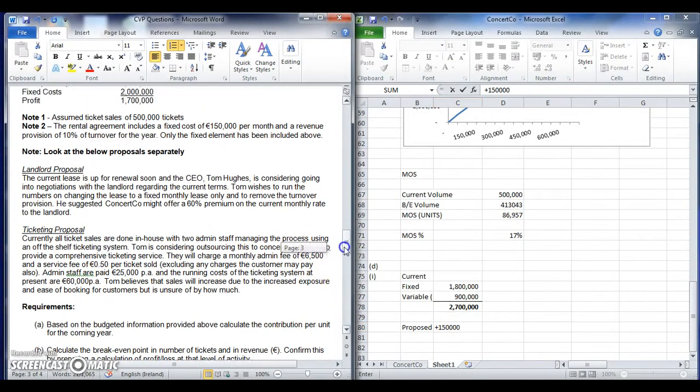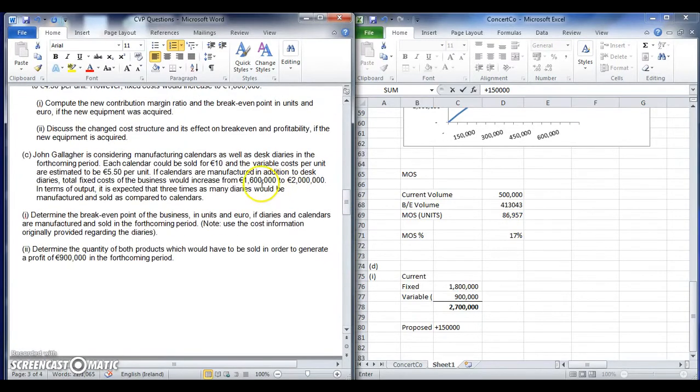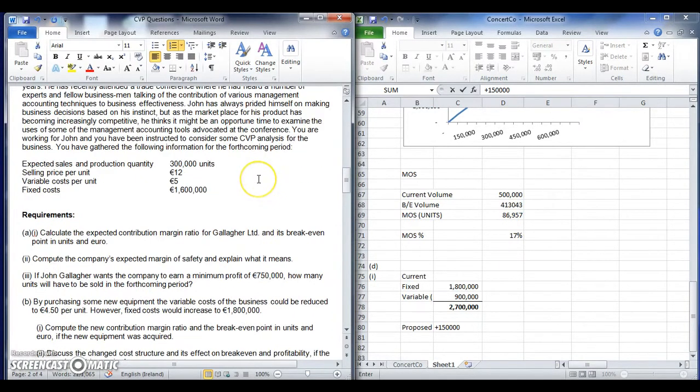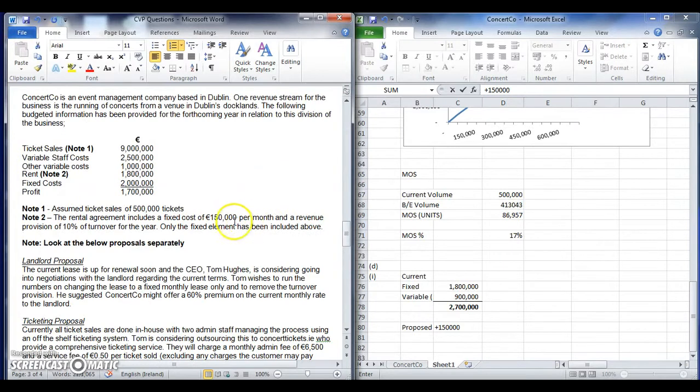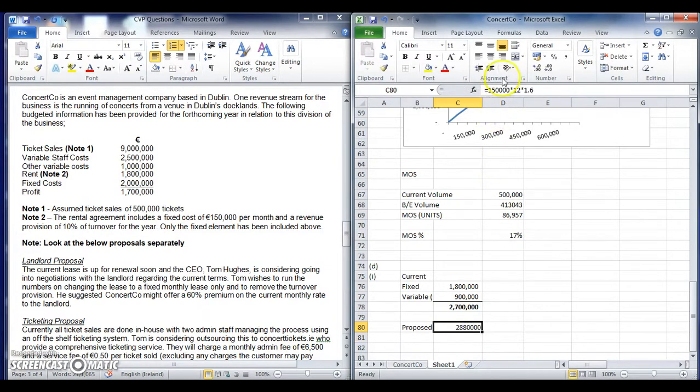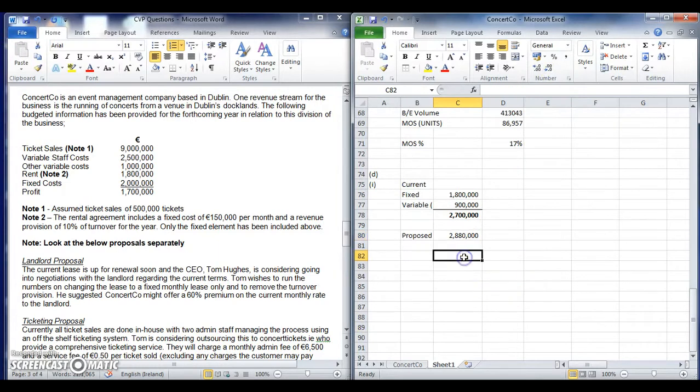You go back up here and you can see 150,000 per month, times 12, and you're told it's times 1.6 because you're paying a 60% premium. So actually, at the current levels of activity, it doesn't make financial sense. It's costing you 180,000 extra under this new proposal.